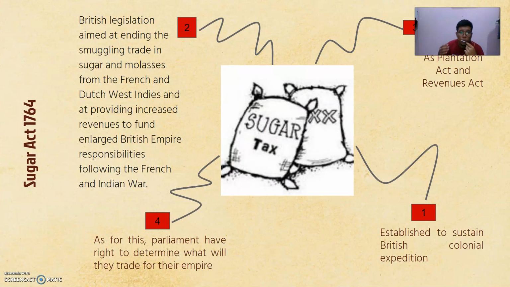Basically, the second point why the American Revolution started was the Sugar Act of 1764. The Sugar Act was established to sustain British colonial expenditure.